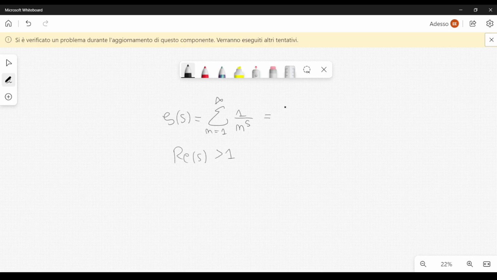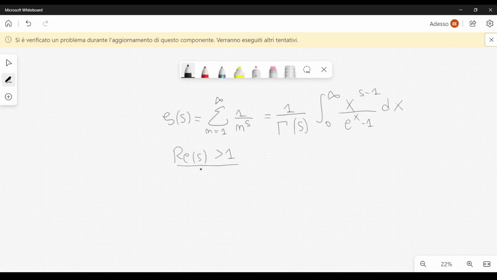And I want to show you that in this case, for the real part of s greater than 1, this is also equal to 1 over the gamma function of s, integral from 0 to infinity x to the power s minus 1 divided by e to the x minus 1 dx, like this.